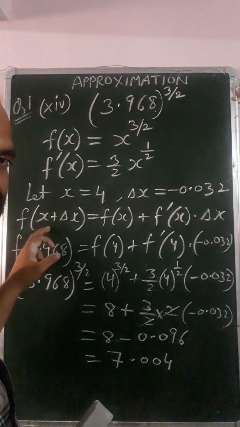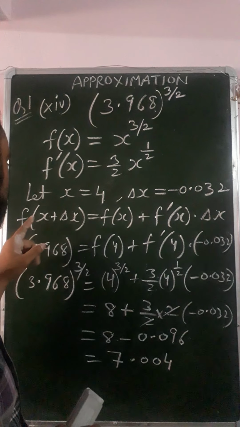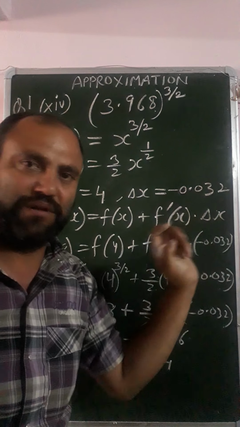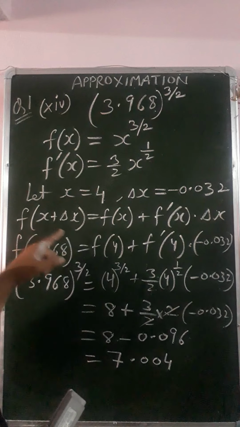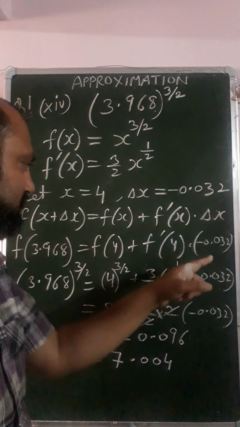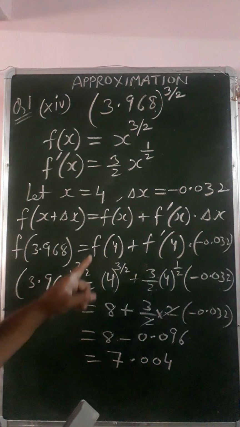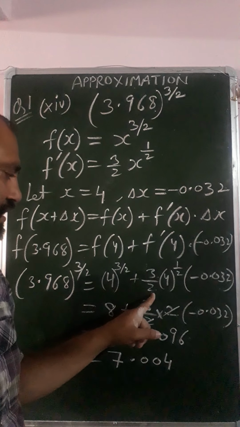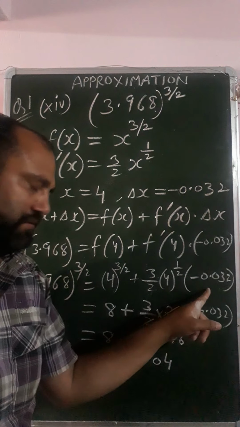Again I am using the same formula, f(x plus delta x) is equal to f(x) plus f dash x into delta x. Now I am putting all the values of x and delta x here. As you see, this is 4 power 3 by 2, plus 3 by 2, 4 power 1 by 2 into this.